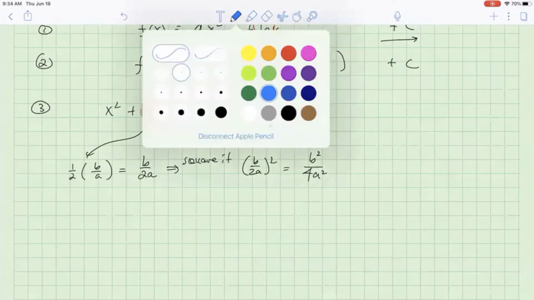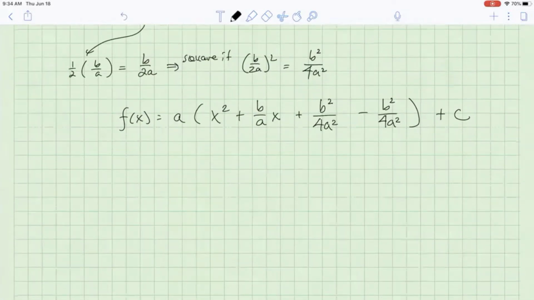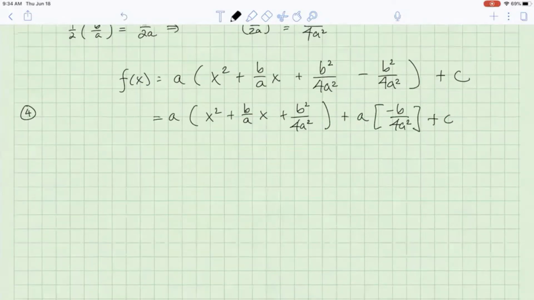So we then have f of x is equal to a times x squared plus b over a x plus b squared over 4a squared, minus a times b squared over 4a squared, plus c. We then rewrite this. This is a times x squared plus b over a x plus b squared over 4a squared, plus a times negative b squared over 4a squared plus c.